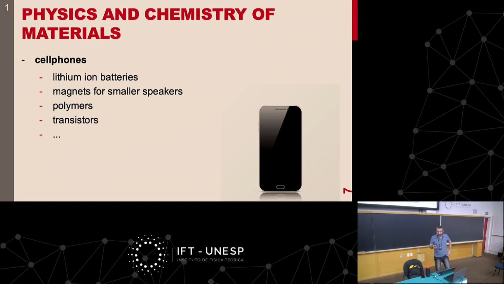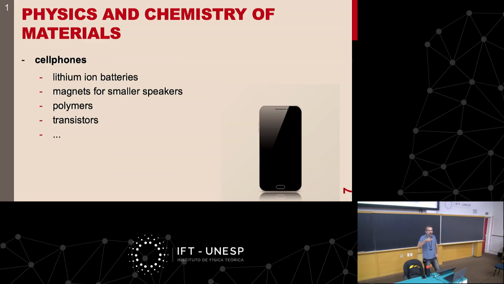Nowadays, if we go to any device such as this one, everyone has a cell phone, it wouldn't be possible to have this kind of cell phone if it weren't for the development of many different types of materials. You have the lithium batteries. You have materials for the speakers.